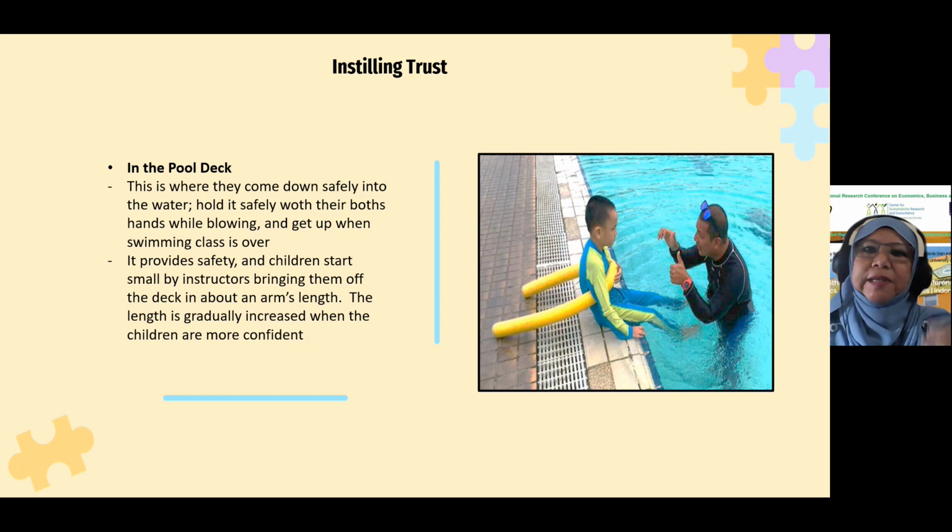So this is another discipline. You sit at the deck, you come down into the water from the deck, and then you will swim, first at one arm's length, and when you get competent and more confident, the length increases gradually.